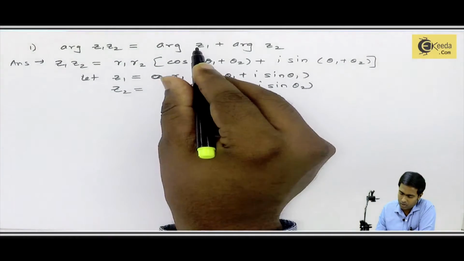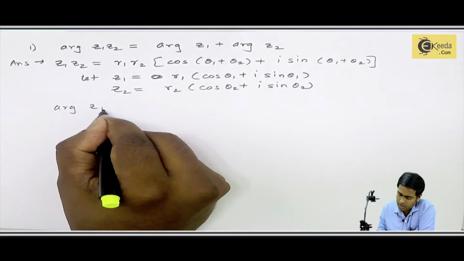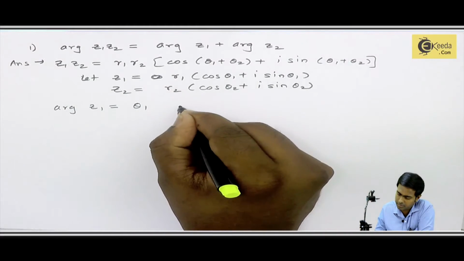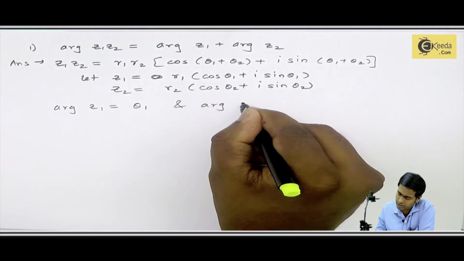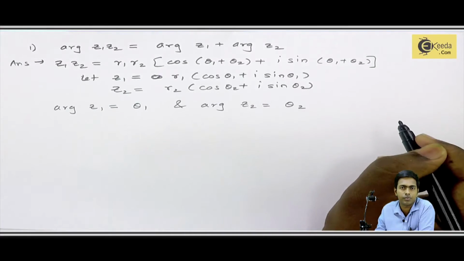So this arg of z1 is nothing but theta 1, and arg of z2, that is argument of z2, is nothing but theta 2.